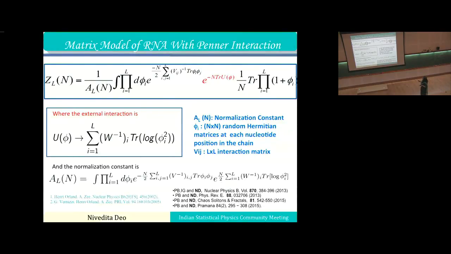Yeah, so this is the model. And what we did is to introduce this interaction, which is basically a logarithmic interaction, called the PINA interaction. Work is done in these pieces of work.